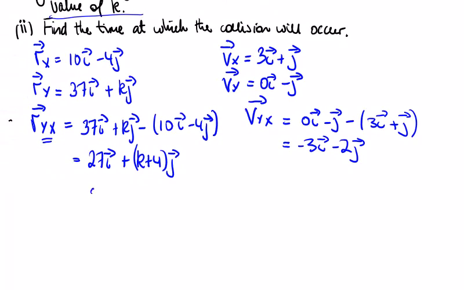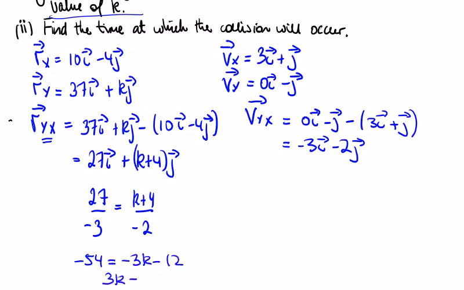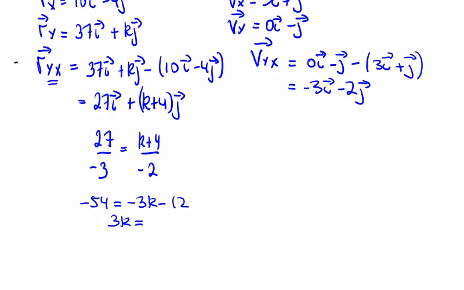So 27 over minus 3 is equal to k plus 4 over minus 2. So this should work out to minus 54 is equal to minus 3k minus 12. 3k is equal to 42, 54 minus 12. k is equal to 14.